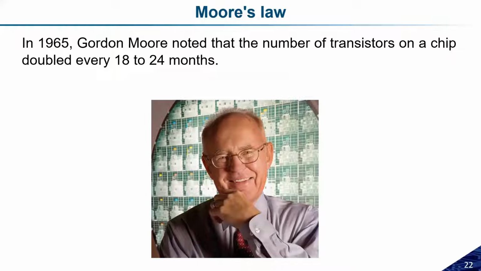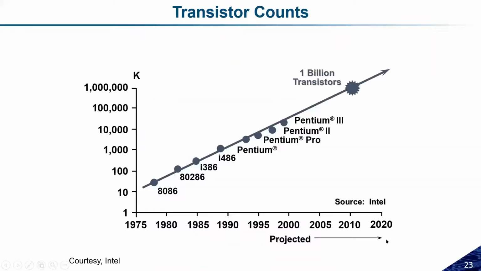We started our discussion with the number of transistor count. From this projection, we can predict that the number of transistors is going to double every 18 to 24 months. So these things we know.